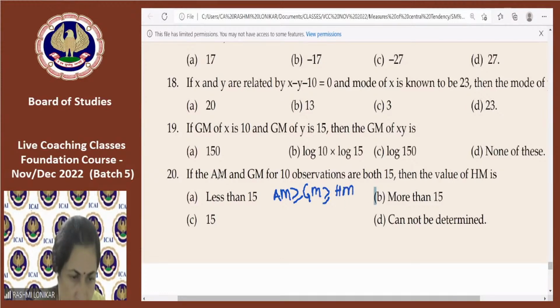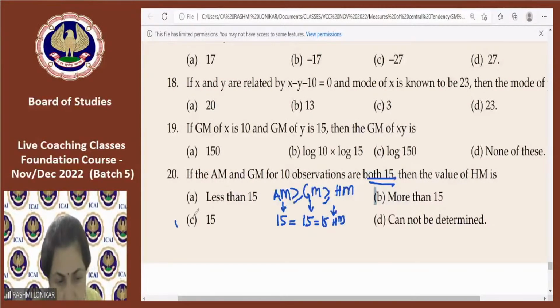Now, in this present case, AM and GM of 10 observations are both 15. So, 15 greater than or equal to, it will be equal to 15 because arithmetic mean is 15, geometric mean is also 15. And so, HM will also be equal to 15. Okay, so it will be equal to 15. Before it has asked mean mark, so we found mean mark in the last sum.